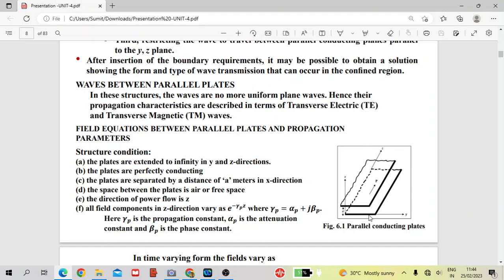If you see this diagram, it is bounded in the ZY plane only. That means with two plates in the ZY plane, the wave is guided. Then the study of this can be extended to a wave which is guided on all four sides, bounded on all four sides.